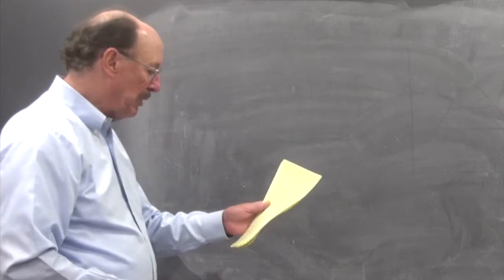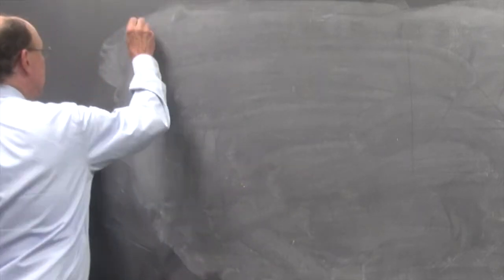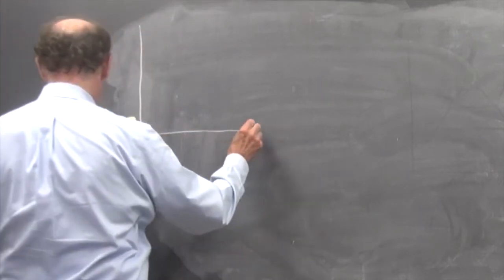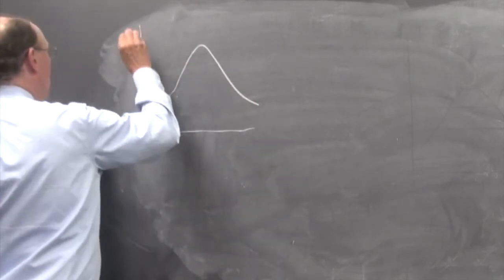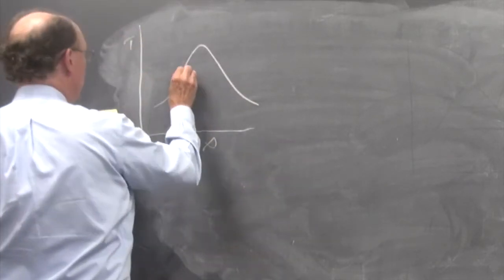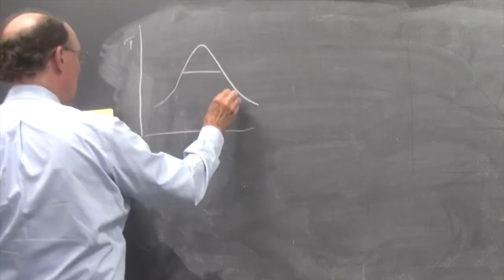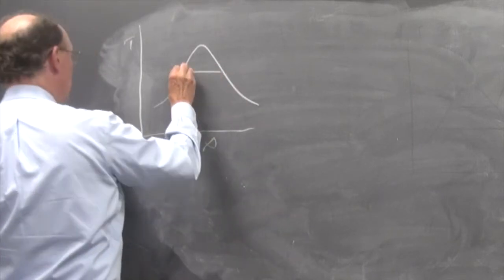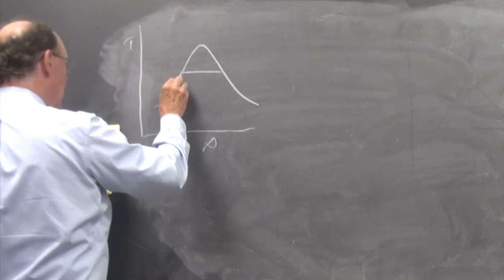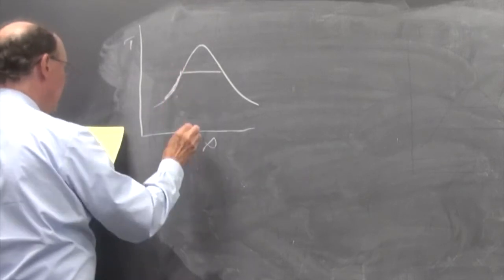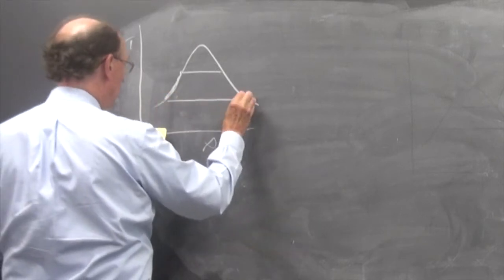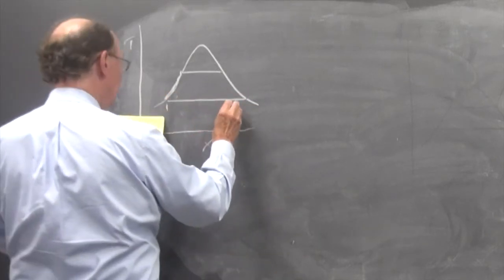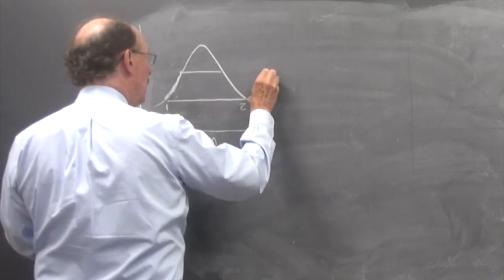And so now let's draw a TS diagram reflecting this, and then we'll look at what happens. So we have 1, 2, 3.